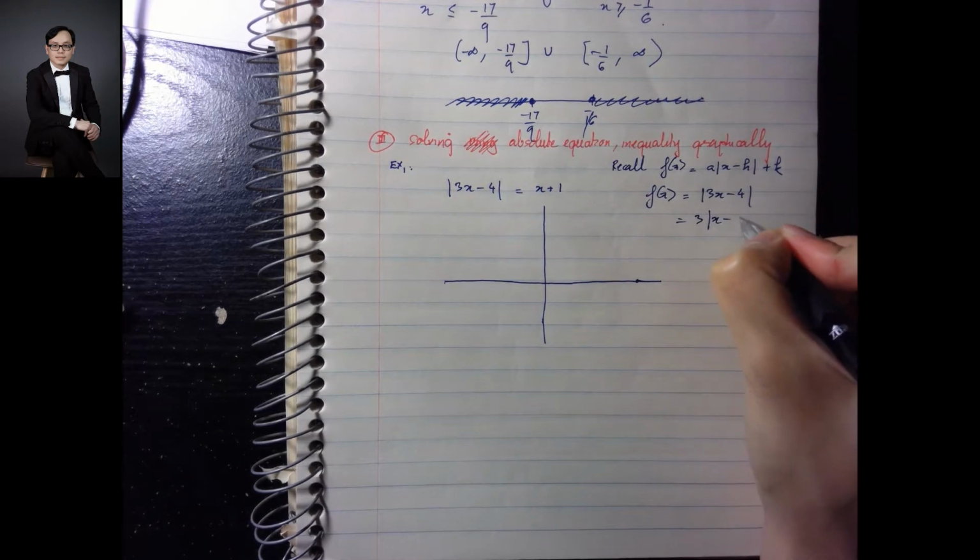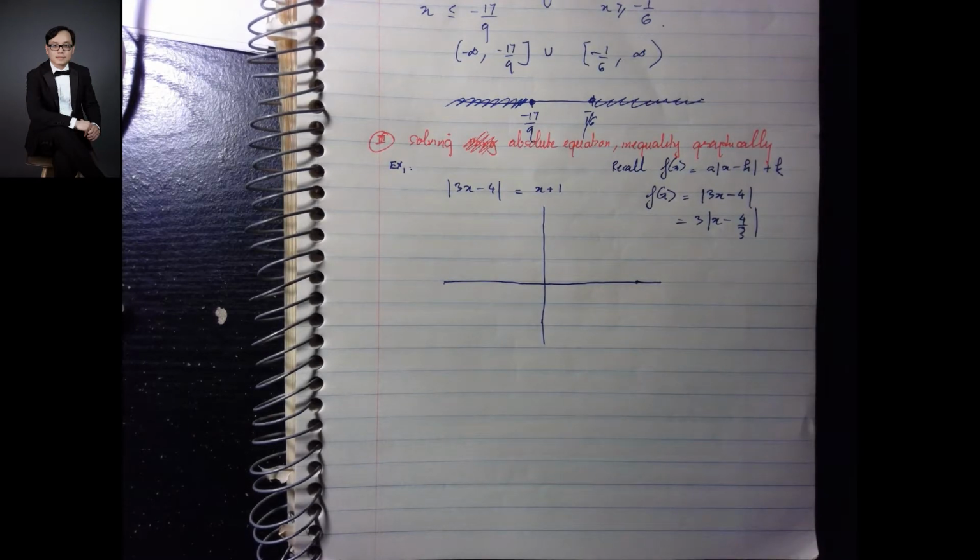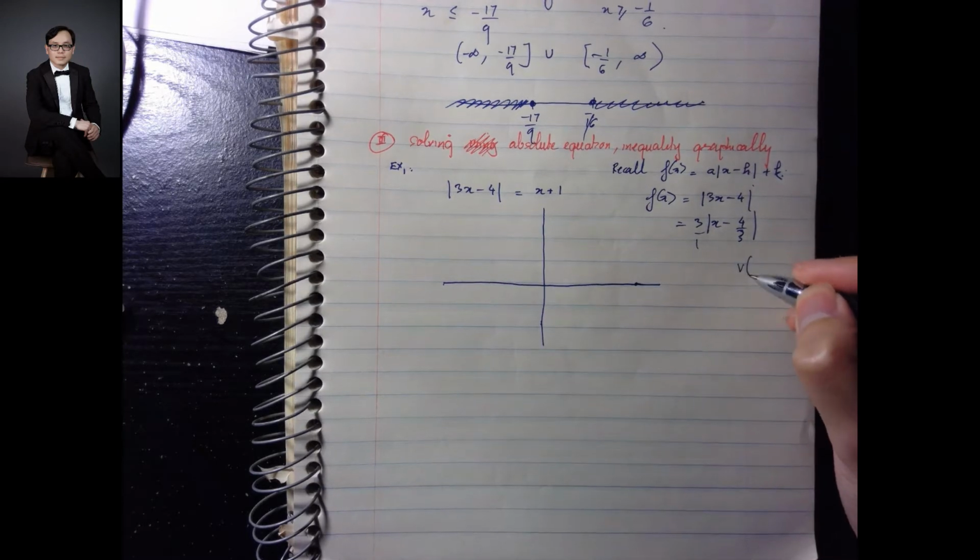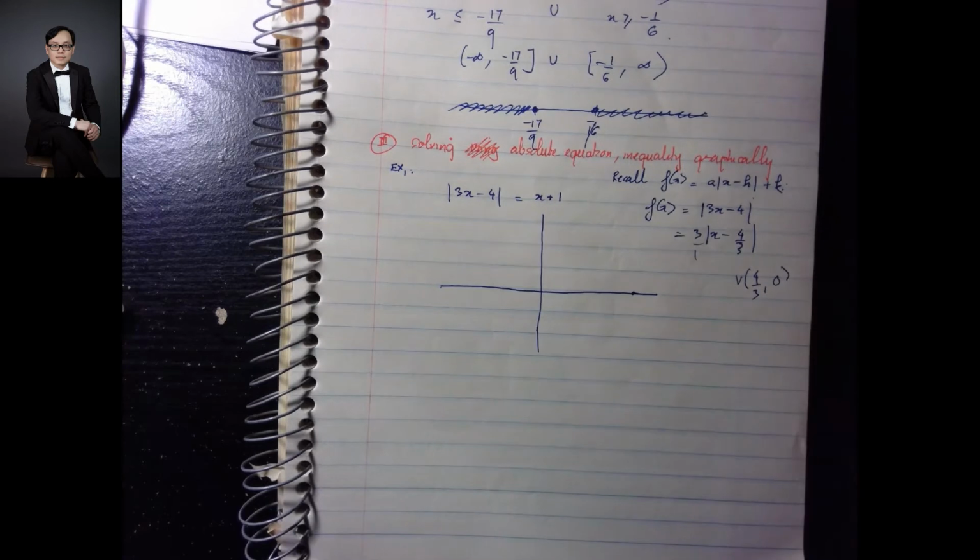Now a is 3, it means the slope is 3 over 1. H and k basically are the vertex of the V shape. H is the x component and k is the y component. So the vertex is at 4 over 3, 0.